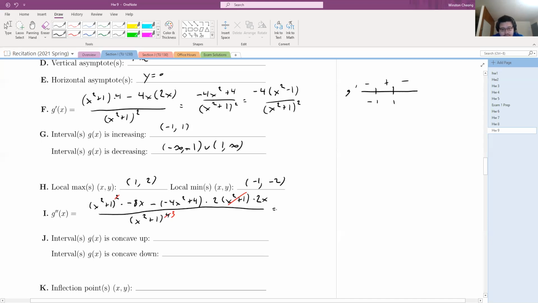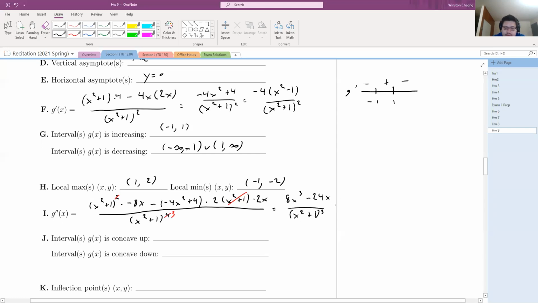Minus 8 plus 16, so I have an 8x cubed, and then minus 8x, minus 16x for 4, 16, minus 8, so minus 24x. Let me just check. Yeah, minus 24x over x squared plus 1. I wasn't paying attention to one minor detail. That's fine. X squared plus 1 all cubed.